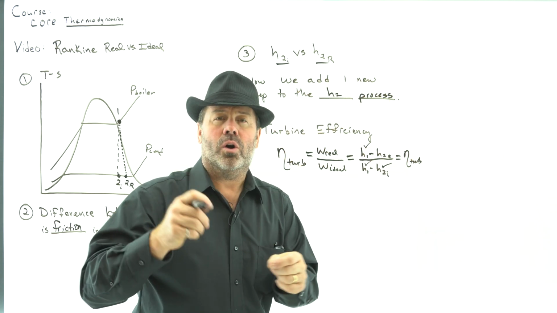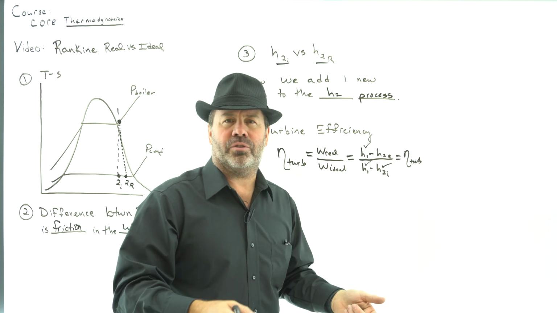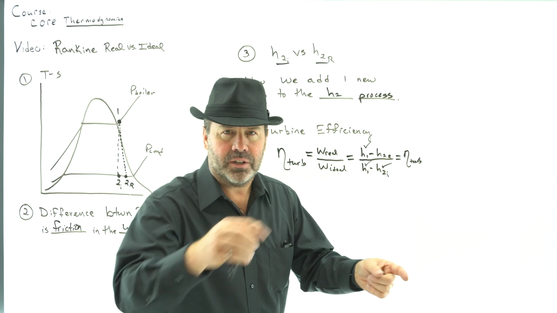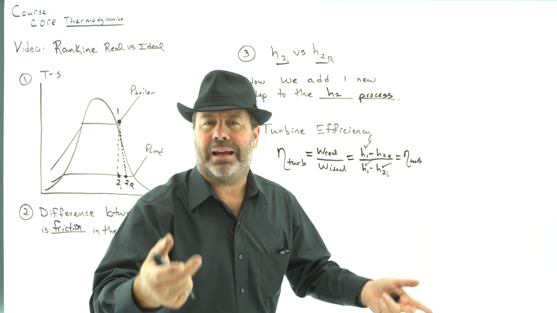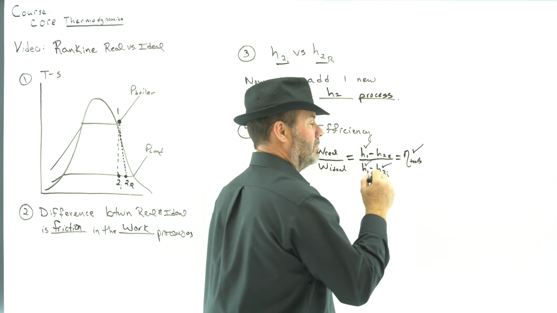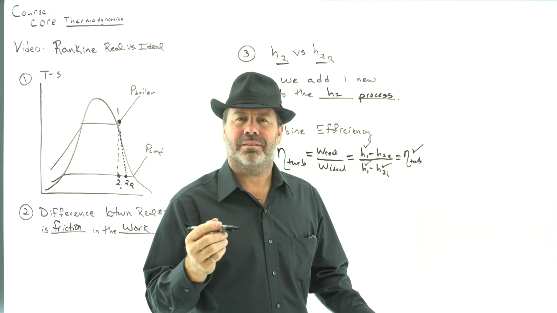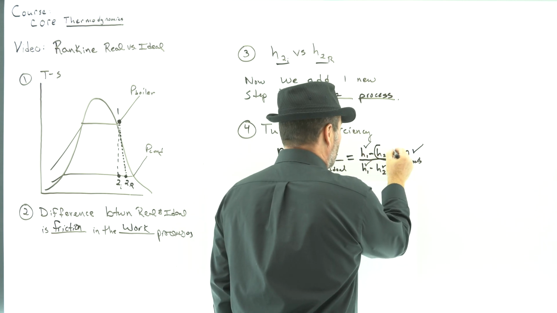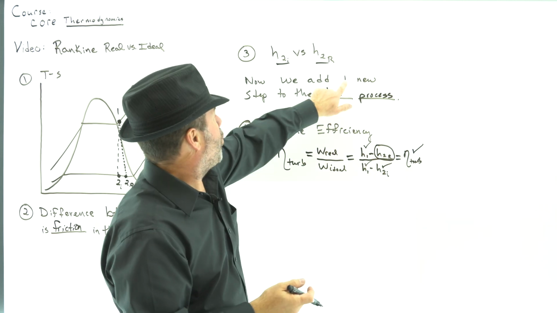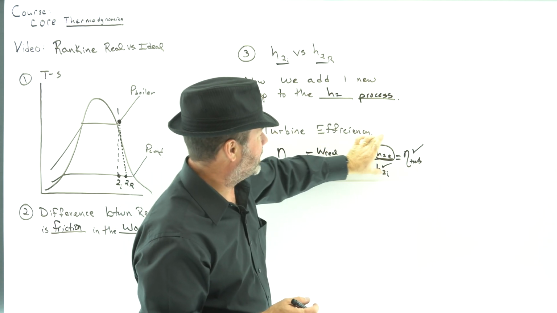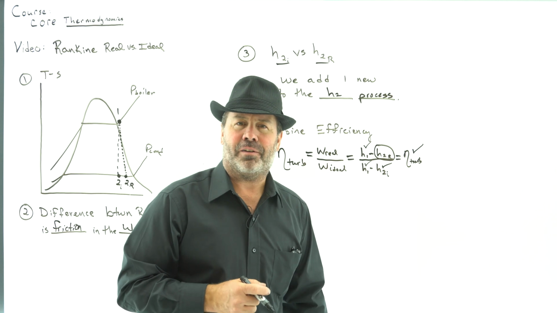And then you can say, oh, well, if I'm operating between 1,000 psi and 2 psi, my turbine efficiency is 80%, 85%, something like that, given. So what's left? H2 real. It's the only thing we don't know. So the one new step to the process is to use the turbine efficiency equation to find H2 real.